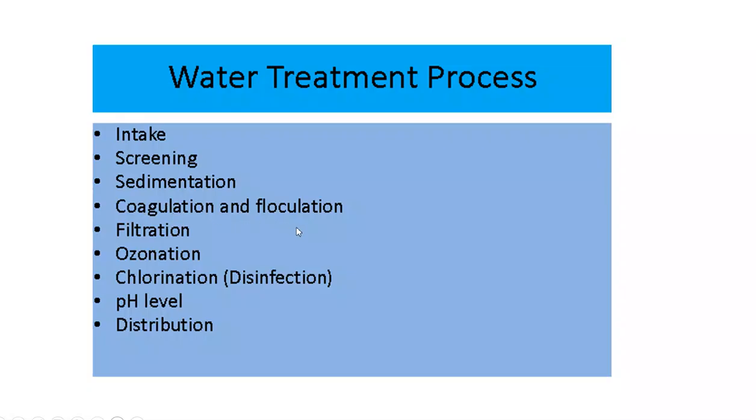Fourth is coagulation and flocculation. Next is filtration, then ozonation, then chlorination, then pH level adjustment, and then distribution. So this is the complete water treatment process, which starts from intake and ends at distribution.